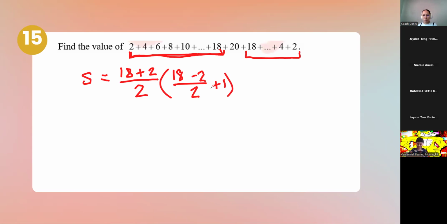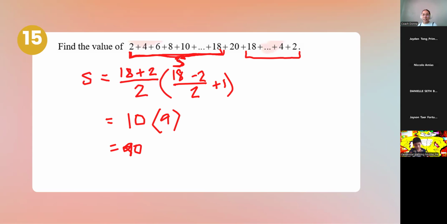All right? So this is only for this part right here. So let's check. 20 divided by 2, that's 10. 18 minus 2, that's 16. Divided by 2, that's 8 plus 1, that's 9. So you have 90 as the sum for the first part.